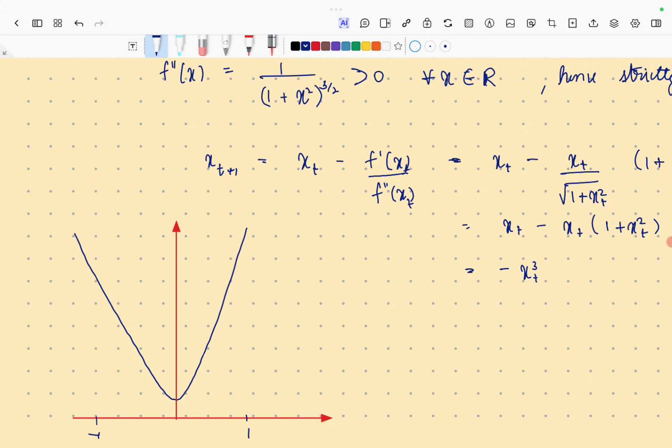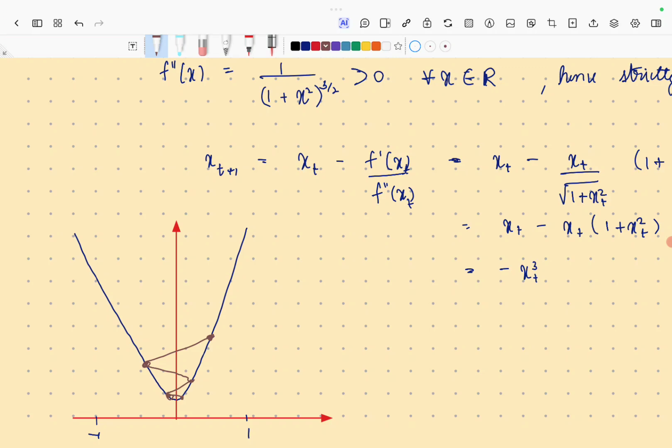If x0 is 0.5, or if x0 is positive, then x1 is going to be negative, x2 is going to be positive, and so on. So it would keep switching signs, but eventually it would converge.